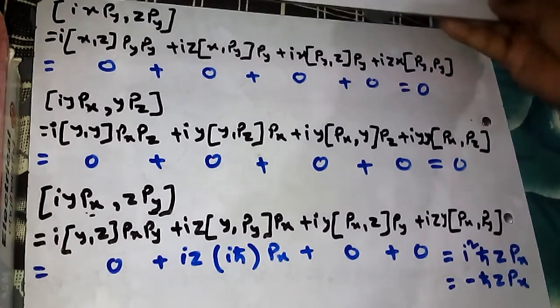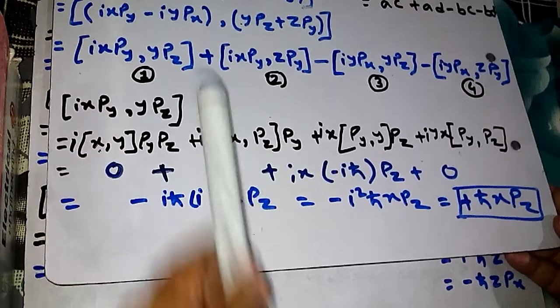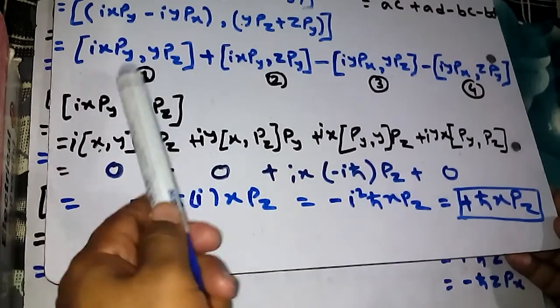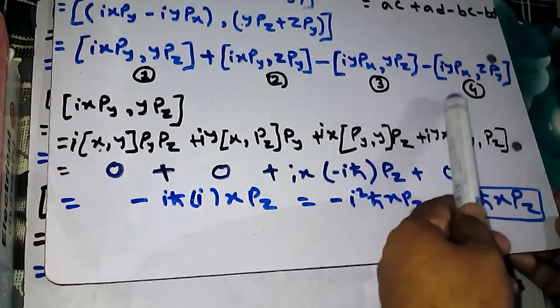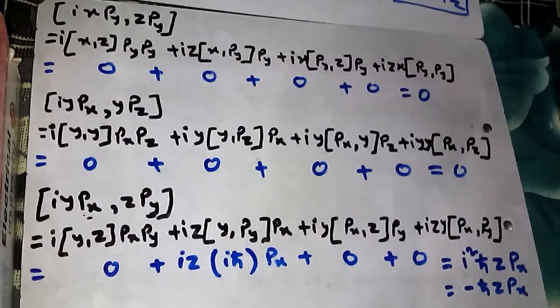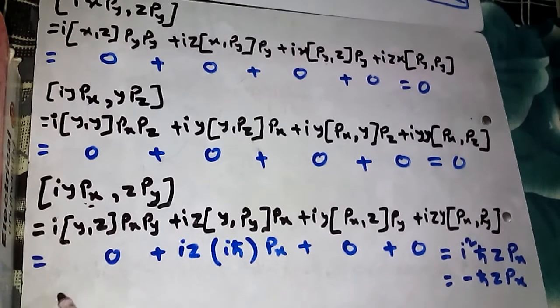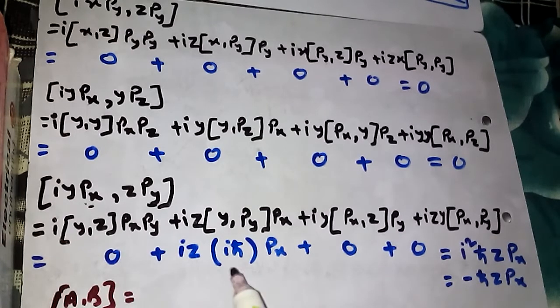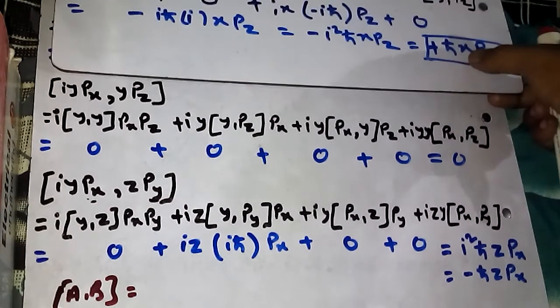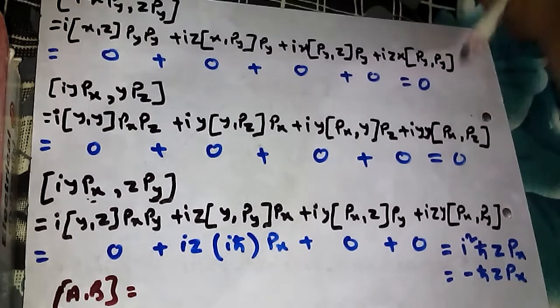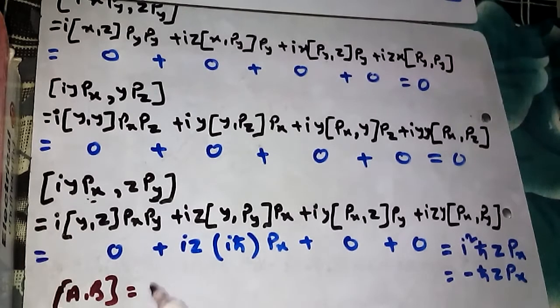Now from here we can see that we have found 1, 2, 3, 4 terms. These first two terms are in addition and then subtraction 3 and minus 4. So the commutation of AB is, for the first we have found plus h cut x pz.